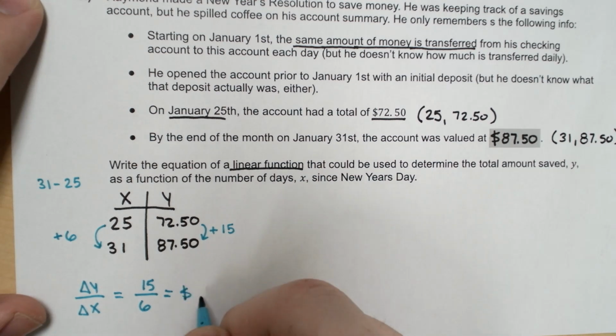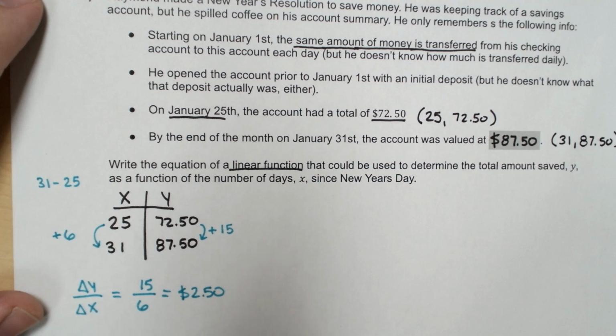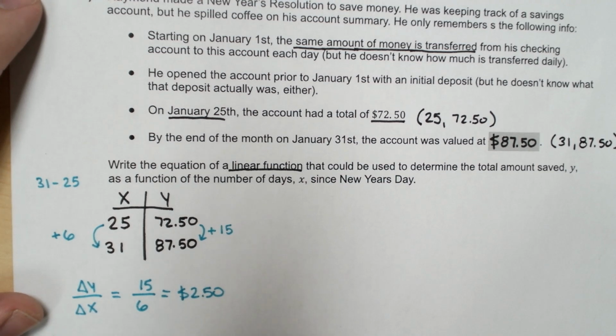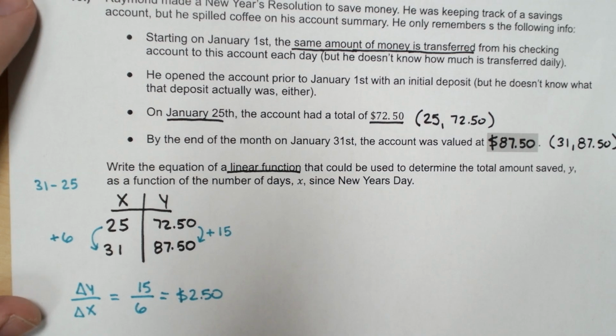By the way, if you're ever wondering how I'm getting these numbers, I know I said this yesterday, but I'll say it again: all we're doing is saying 31 minus 25. Day 25 up to day 31 is a difference of 6 days, and then 72.50 up to 87.50 is a difference of plus $15.